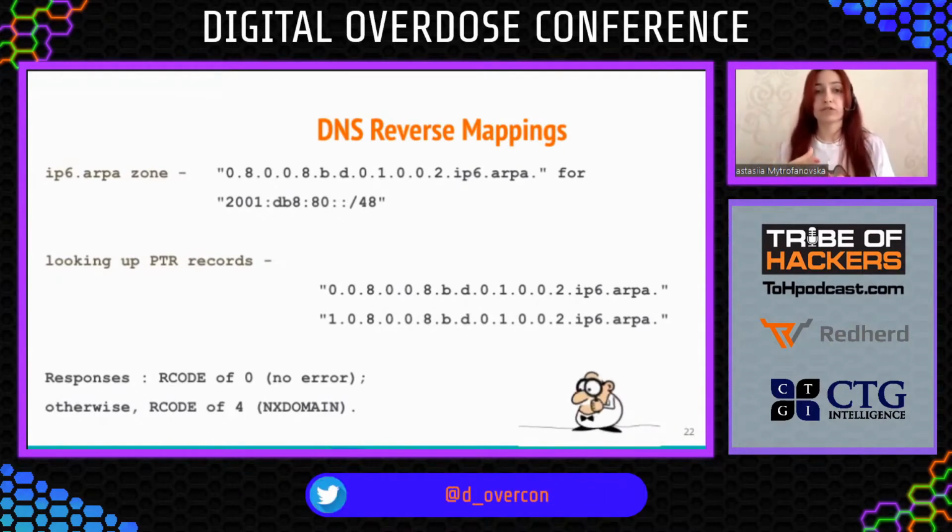And if there were PTR records for any host starting with that name, the response would contain the code of 0, or no error, and otherwise the response would contain the code of 3.